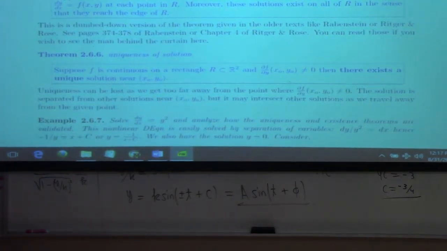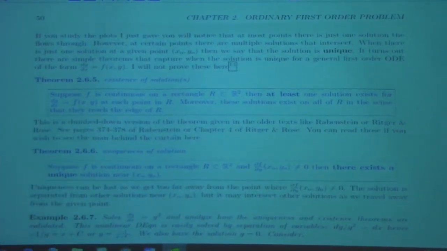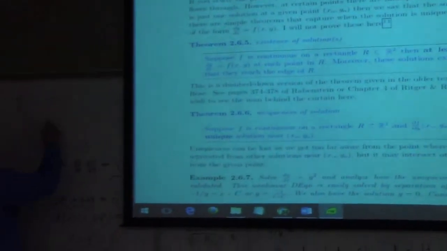If f is continuous on a rectangle R, then at least one solution exists for this differential equation, dy/dx equals f of x, y, at each point in R. Moreover, these solutions exist on all of R in the sense that they reach the edge of R. So what this is saying is that if we go to the trouble of solving a differential equation, dy/dx equals f of x, y, and if that f is continuous on some rectangle R, if you pick any point in the rectangle, there will be a solution going through it, and the solution will continue at least to the edge of the box.